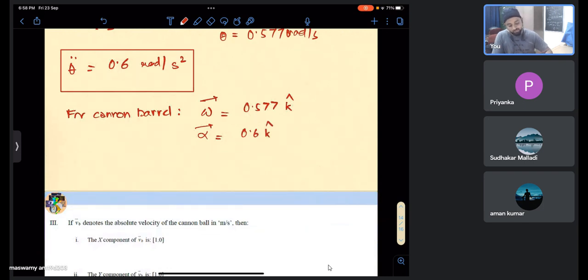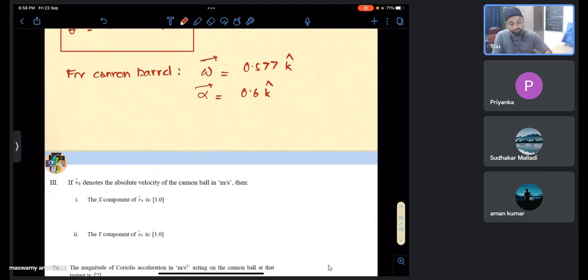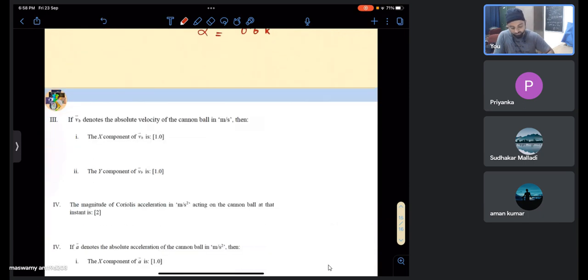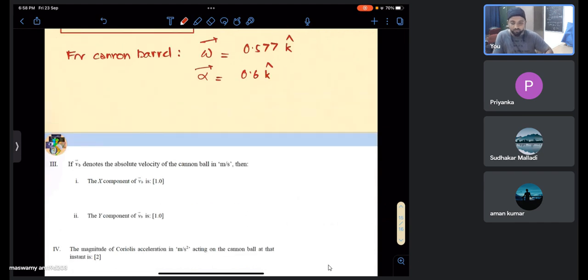Okay, so far so good. So where we are connecting the rotating frame of reference to the cannon barrel, we have the RFR, the angular quantities of the RFR.